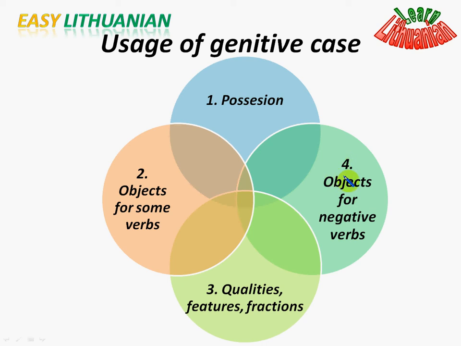When they have a negative verb with a negative prefix, they still don't change the case of the object of the verb, and the case should change. It's a rule in Lithuanian that if the verb turns to a negative verb, the object of the verb turns to genitive case.